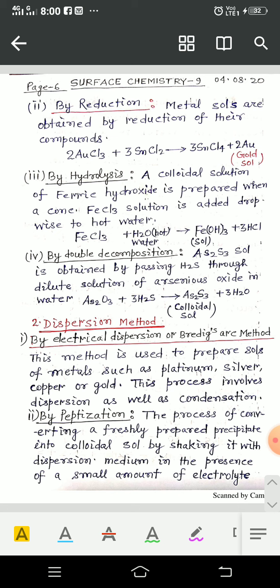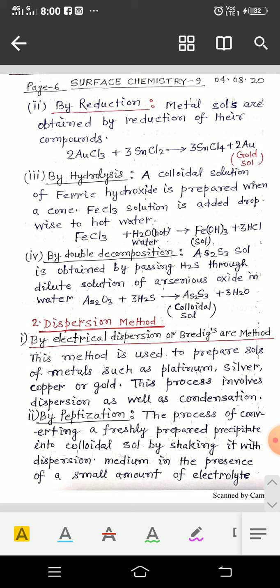Very important, remember it, peptization, because a question is always asked on the difference between peptization and coagulation or precipitation. So remember here, next day some facts remain to discuss with you.